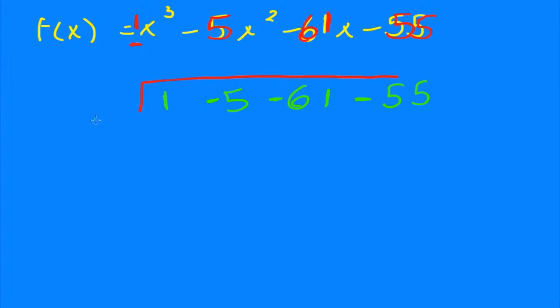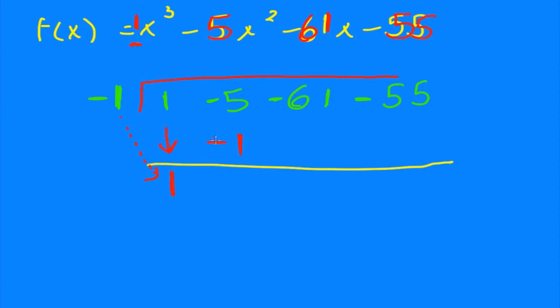Now that you got that, you're going to put your -1 here, the one you evaluated, the one that was a 0. And what you're going to do next is put a line down here, and take your 1 down, so you have 1 here. Once you have your 1 down, you multiply -1 times 1, which is -1, right?